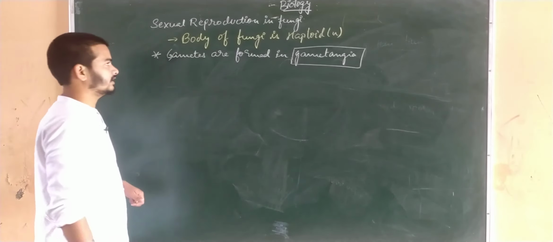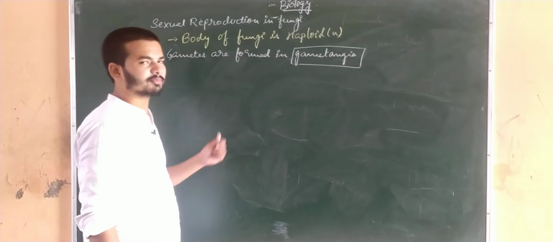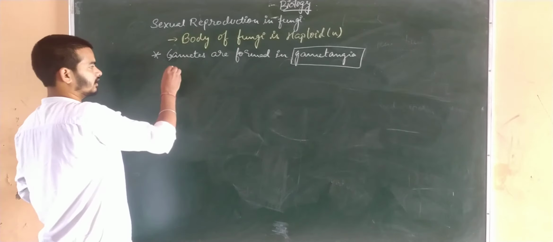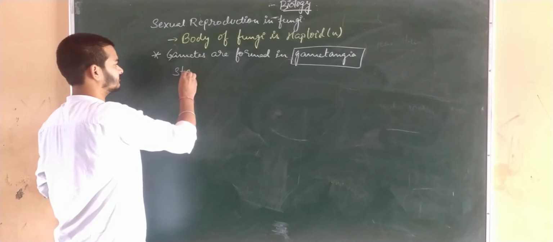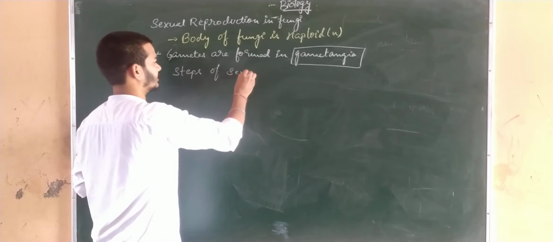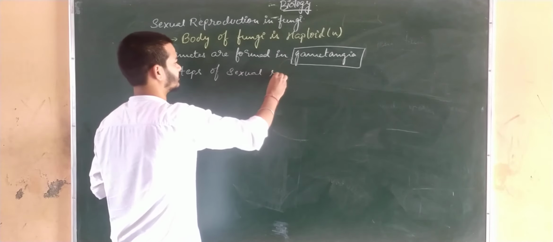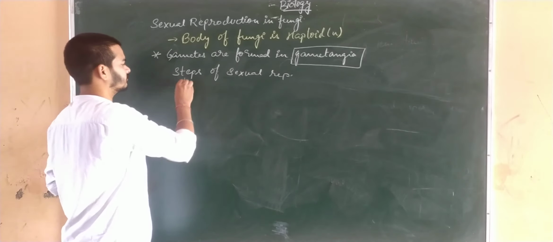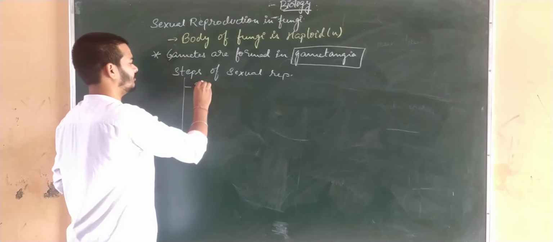Sexual reproduction occurs in some steps. What are these steps? Steps of sexual reproduction. First, plasmogamy.